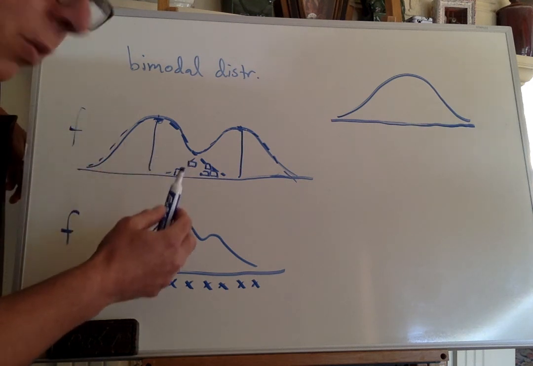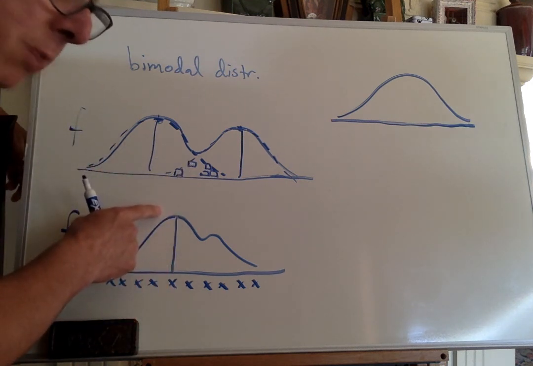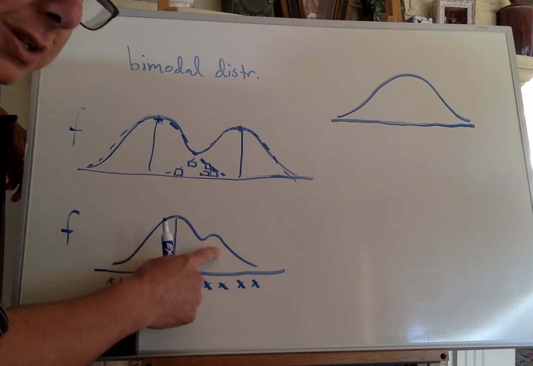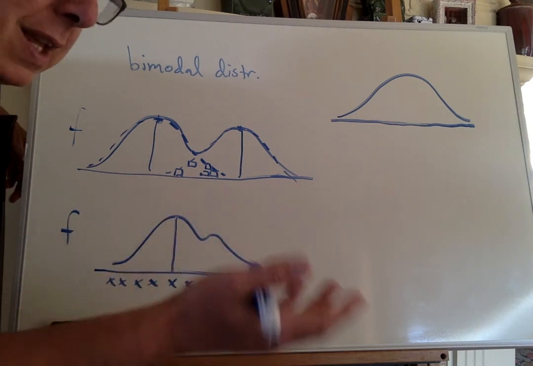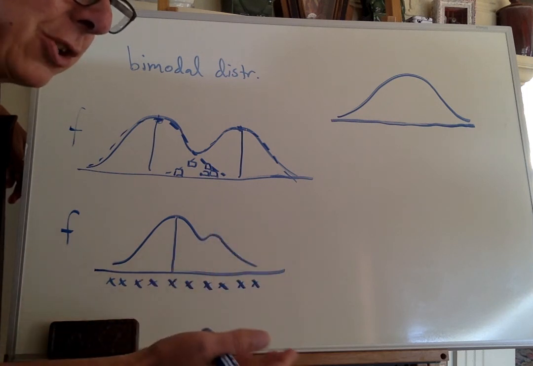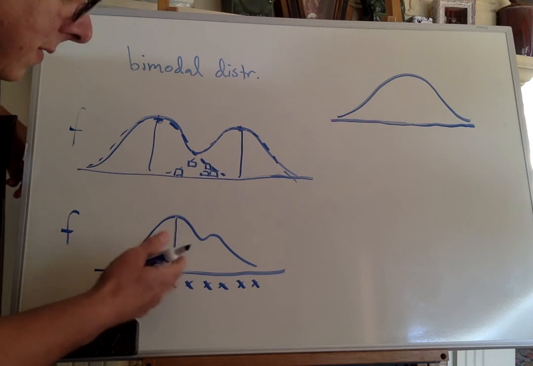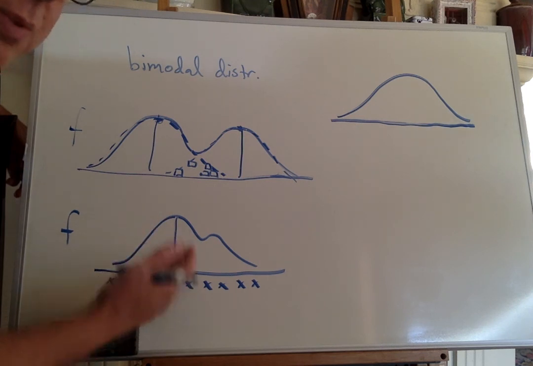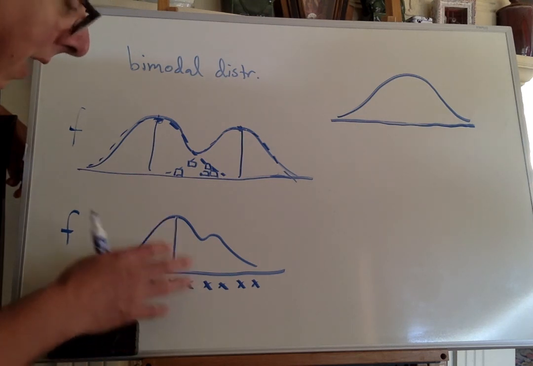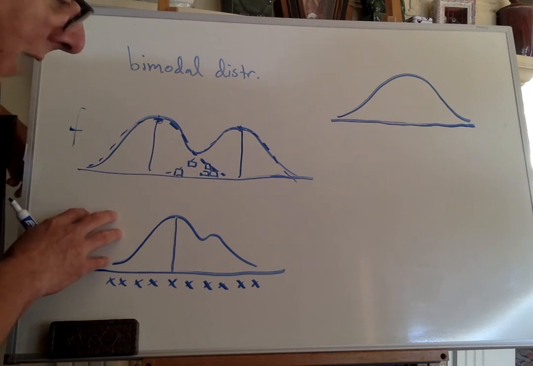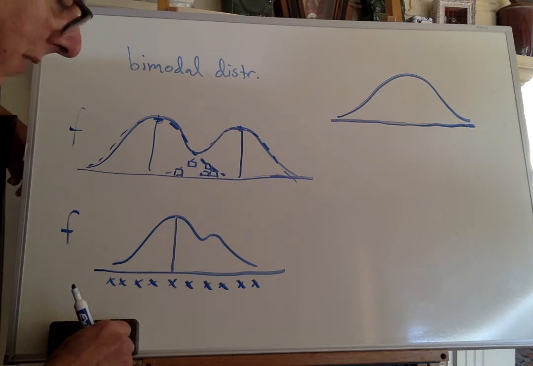If you're careful, what you would say is it's a major mode and a minor mode. I'm not sure that that's the best way to describe it, but anyway, this is not technically bimodal, but sometimes people will describe it that way. This kind of curve is actually not that uncommon with student test scores.